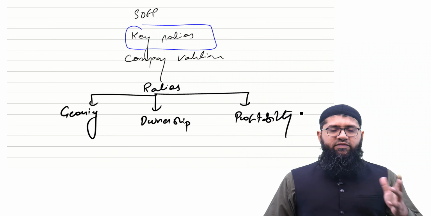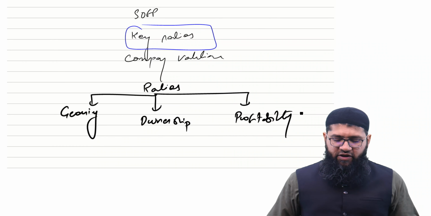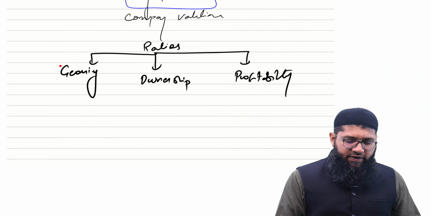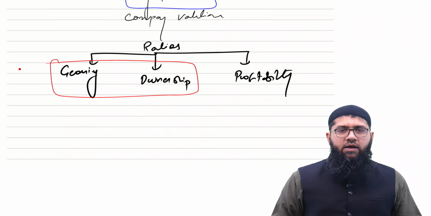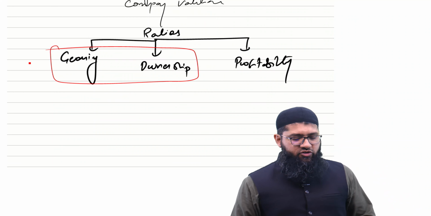There are the liquidity and efficiency ratios also, but the major ratios generally examined in this area are the gearing ratio and the ownership ratio.